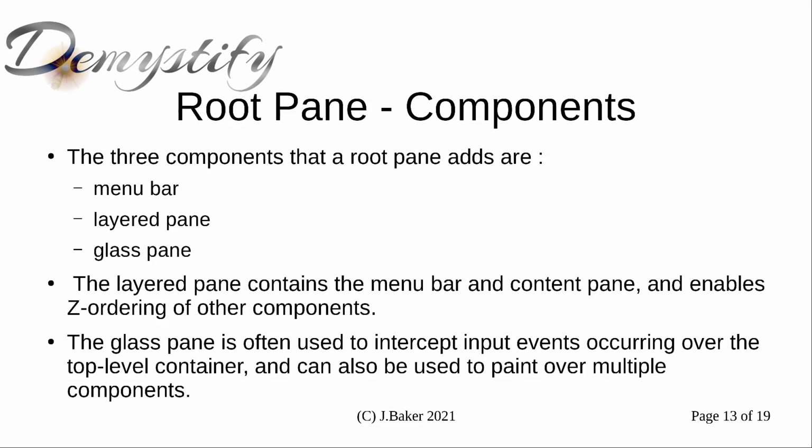I'll talk a bit more about Z ordering in a minute, but basically if you have multiple components on a pane, the Z ordering is the order in which they appear as though they're layered. So one on top of the other, on top of the other, on top of the other. And if you want to change them, you change the Z order number or reference of the particular object that you want to change.